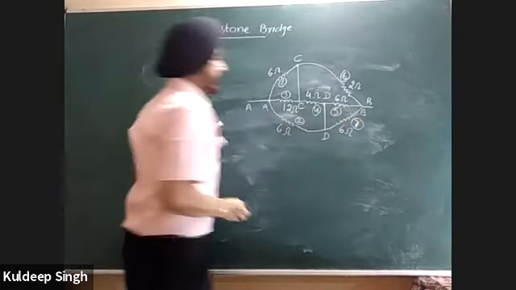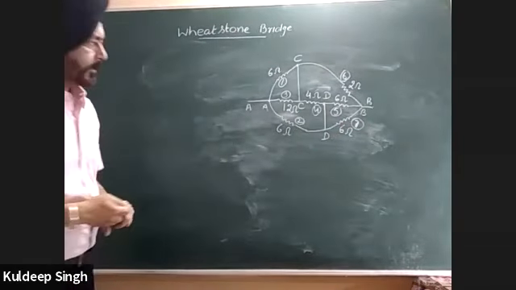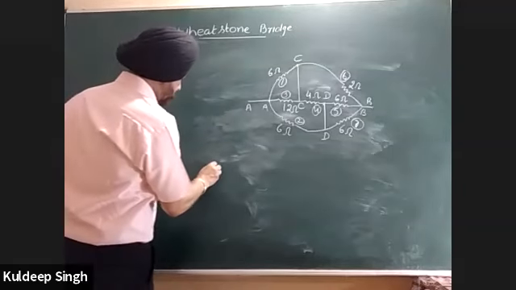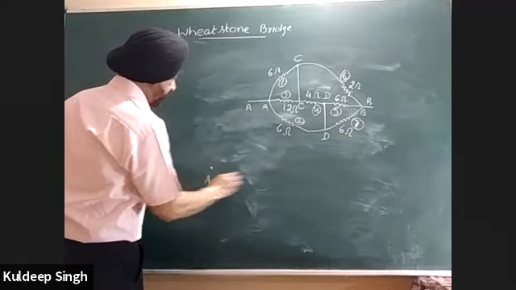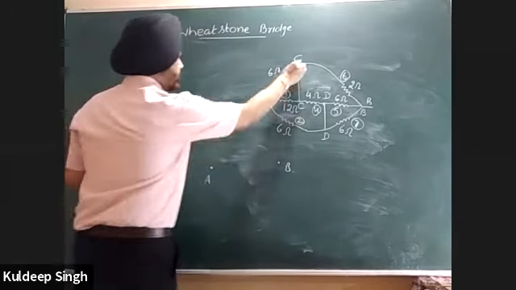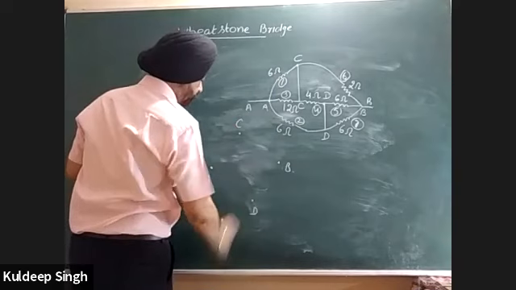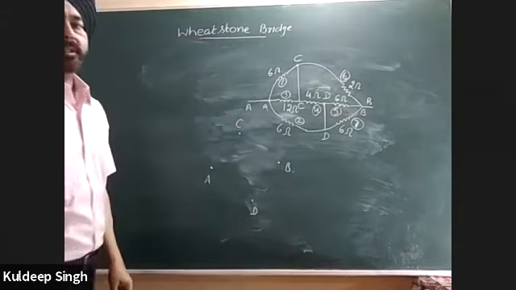I have given numbers to these resistances. Now there are the 4 points A, B, C, and D. These are the 4 points.